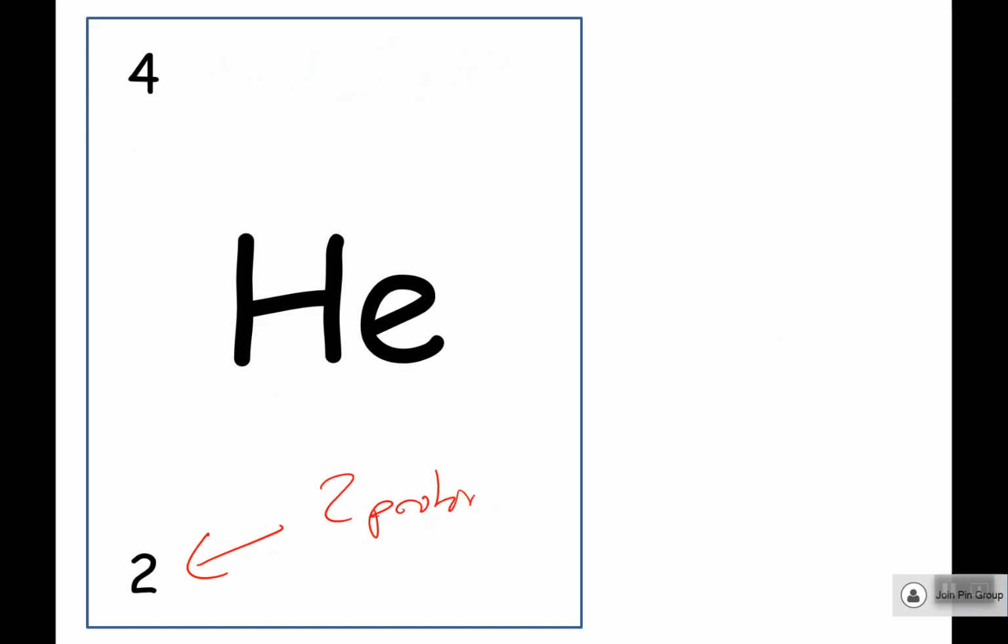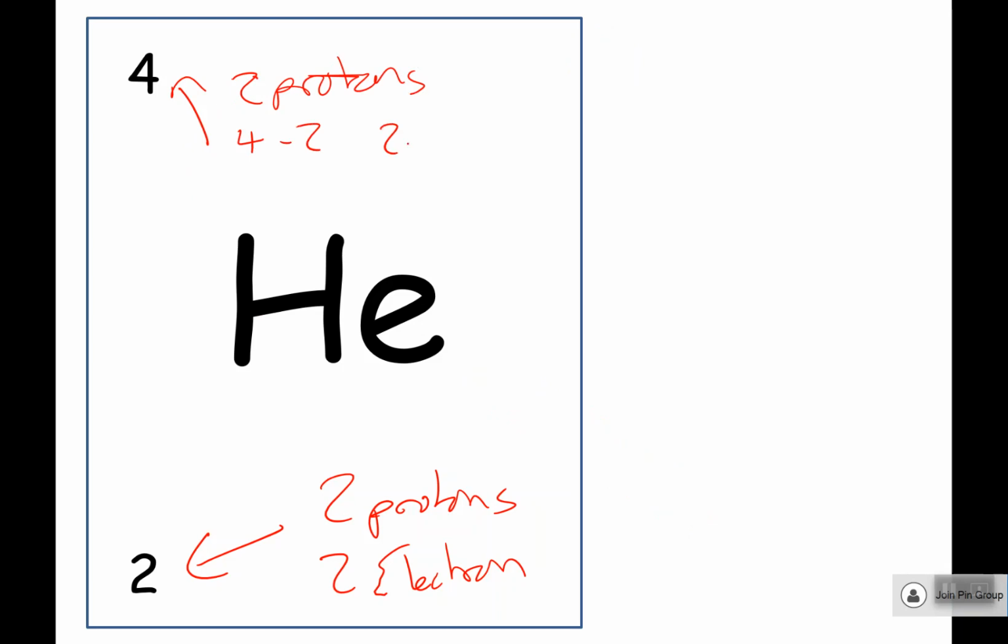You could even say you've also got 2 electrons because they're the same number. The charge of an atom has to be 0. And this here is the number of nucleons, the number of particles in a nucleus. Well, if you've already got 2 protons, you can immediately say, well, 4 minus 2, you've got 2 neutrons.